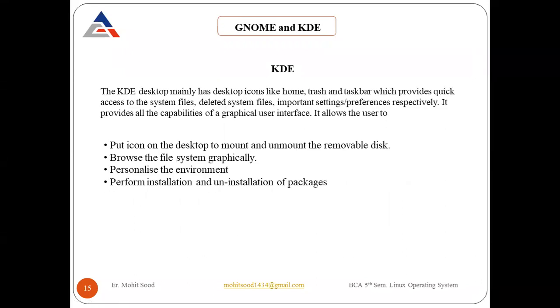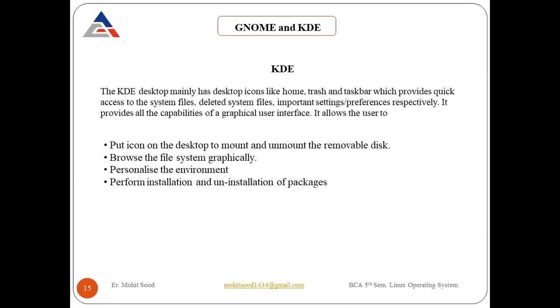The KDE desktop mainly has desktop icons like Home and Trash, and a taskbar, which provides quick access to the system files. KDE is a central development hub for many applications such as Krita and Calligra Suite, which are very popular.